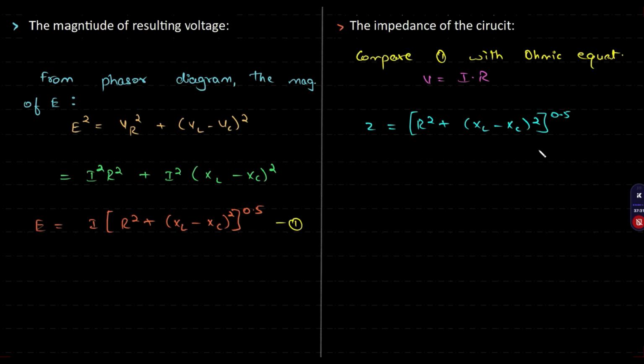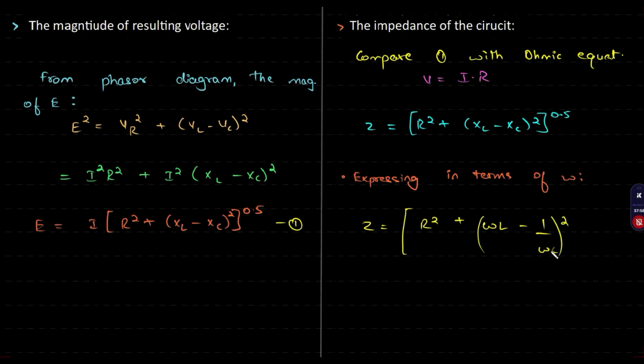Now I forgot one more thing over here: expressing in terms of omega, the frequency, because your AC source has a certain frequency. So Z equals the square root of R squared plus omega L minus 1 by omega C, the whole squared, to the power of 0.5.